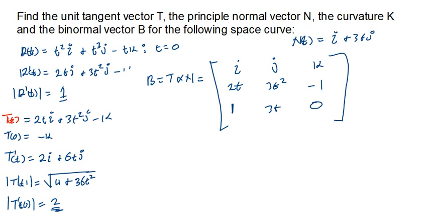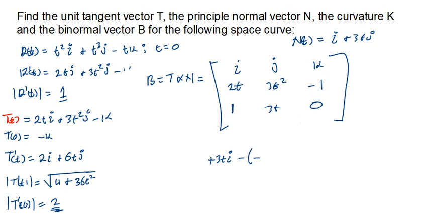Now if we cross those, in the i I'm going to have negative 3t, in fact that will be a positive, not negative, because you're going to have minus what you have there. Then in the j, it's supposed to be minus whatever I have here.